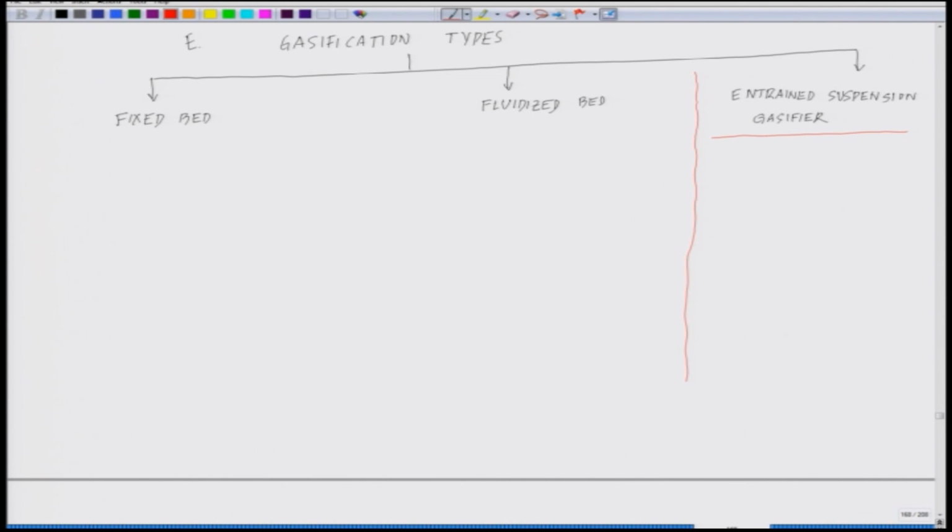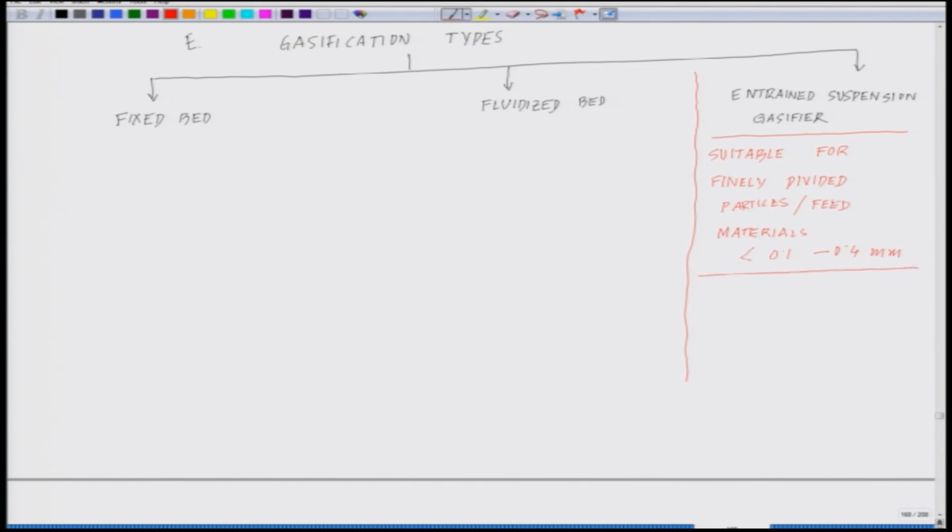So, if you are in industry and you need a situation, this is very suitable for finely divided particles or feed materials. And the size in which it works is 0.1 to 0.4 millimeter.